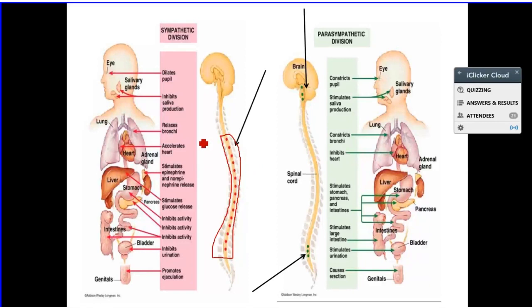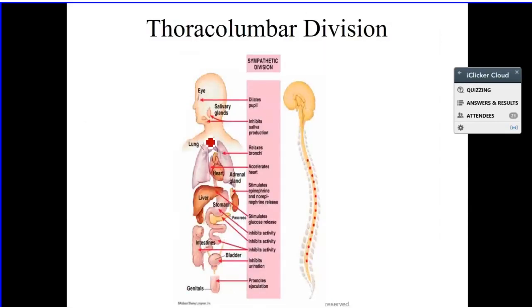So do you think we can call the sympathetic division craniosacral? No, we call the sympathetic division thoracolumbar. That is because the sympathetic division has its first motor neurons leaving the thoracic and the lumbar section.